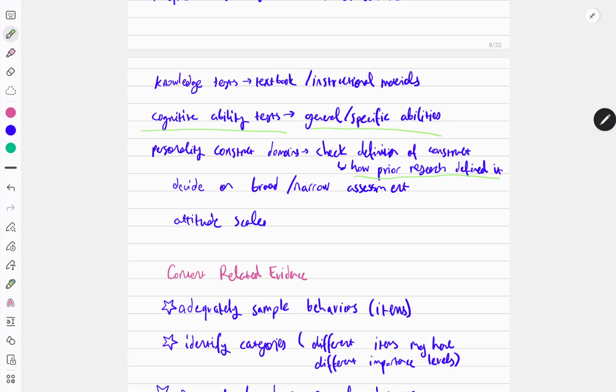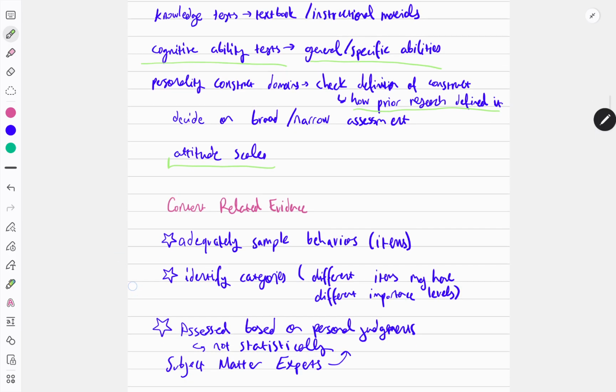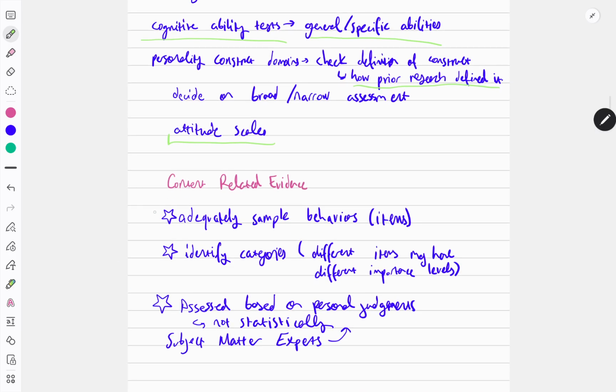So we just decide on broad or narrow assessments, and we can also use attitude scales, etc. In content related evidence, what's important is that we adequately sample behaviors or items, and we identify categories. Different items may have different importance levels in our study, so we may give more detail to certain items that are more difficult.